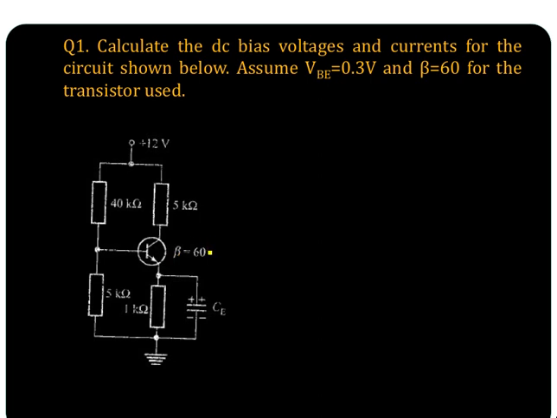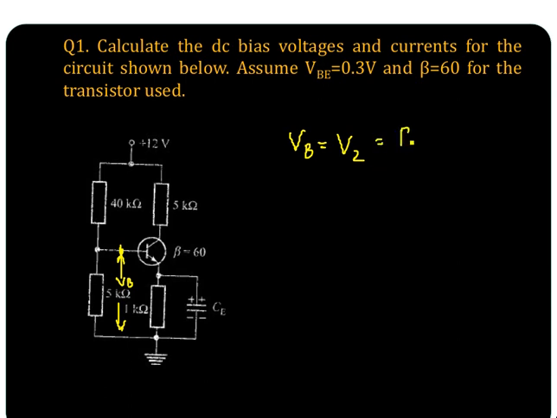Now, how will we do this problem? Here you are given VBE equal to 0.3 and beta equal to 60. What is VB here? VB is equal to V2, that is this voltage, the voltage across this 5 kilo ohm.